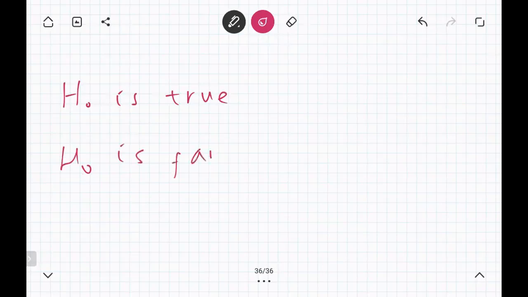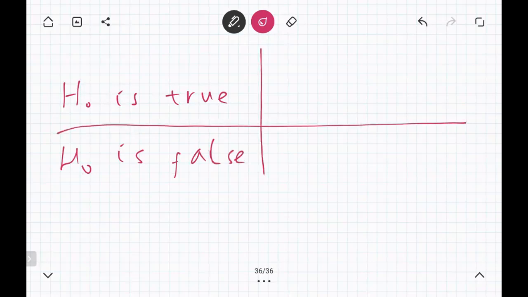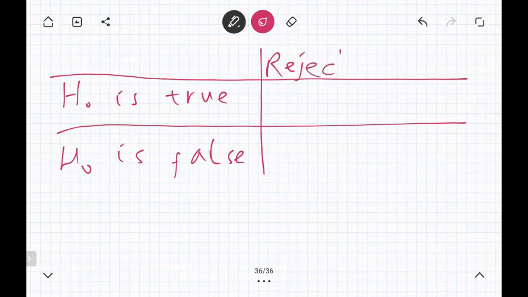So there are 2 possibilities. Either our null hypothesis is true or it is false. And now, as a result of our test, we can either reject the null hypothesis, so the test tells me that it's not correct and I reject it, or we can not reject it.